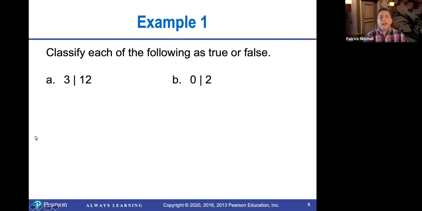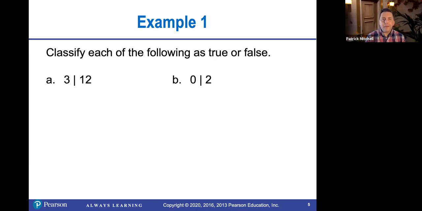All right, so here we have some true or false statements, starting with 3 divides 12. So remember what that means. If there is a whole number that makes 12 equal 3 times that number, let's call that number Q. If there is a whole number such that 12 equals 3Q, then this is going to be a true statement.